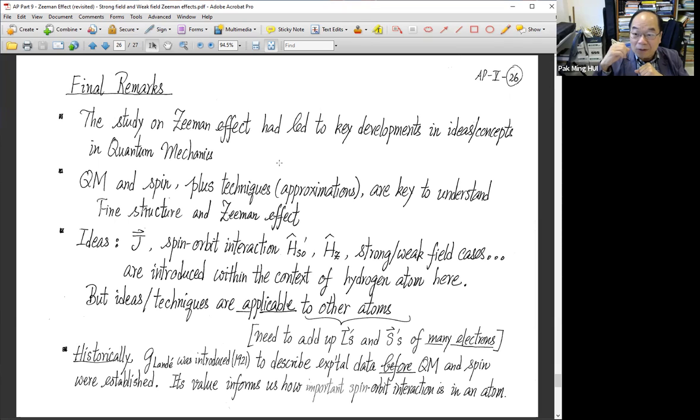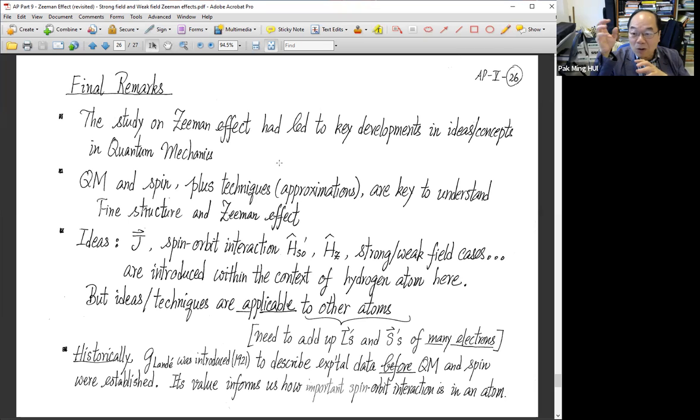We need to know how to handle dipole moment interaction with fields. We need to know the spin angular momentum and its associated magnetic dipole moment. We need to know how to add them into total angular momentum.